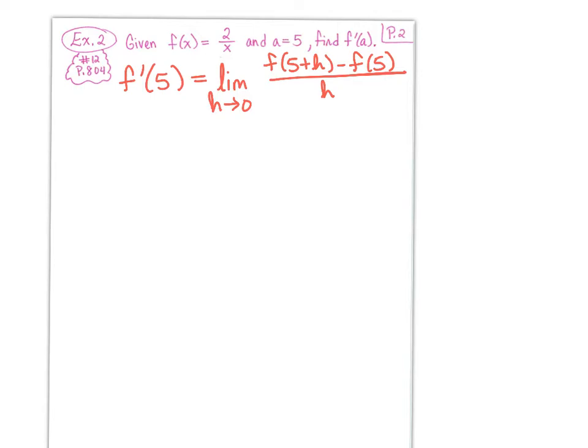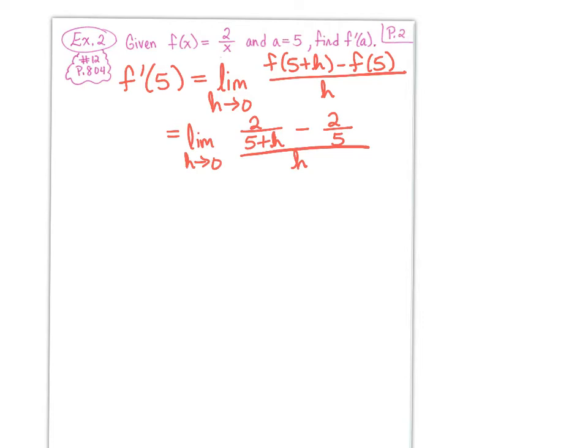So this is equal to the limit as h approaches 0. What's f of 5 plus h? Good. 2 over 5 plus h. We're going to subtract what? 2/5. Good. And we're going to divide all of that by h. You got it.